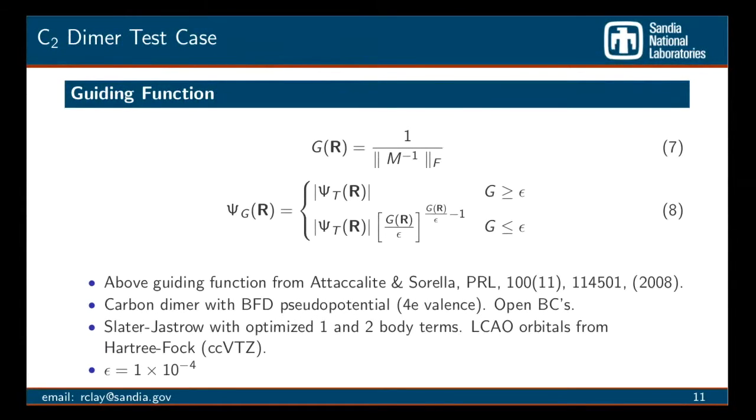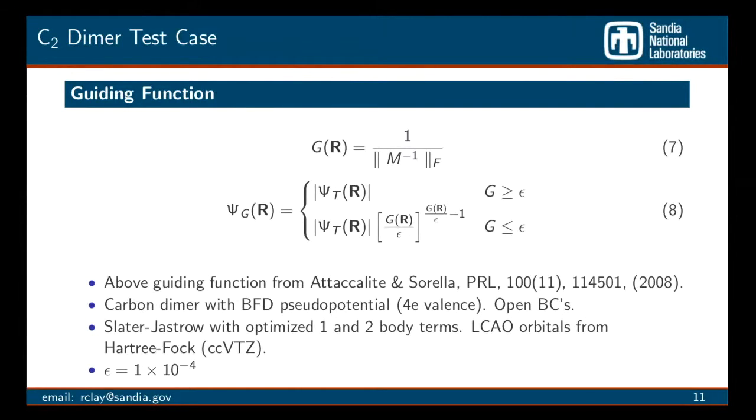The guiding function that's been used in the literature measures the distance from the node according to a Frobenius norm of the matrix Slater determinant inverse. We take this cryptic-looking guiding function straight out of the literature and test it on a carbon dimer, mainly because it's got 4 electrons per carbon atom. It definitely has nodes in it.